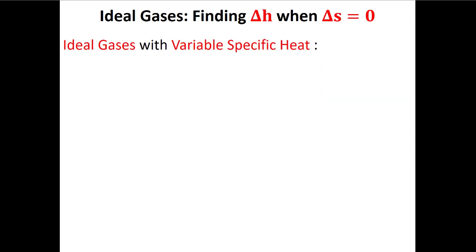So now, what do you do if you're dealing with an ideal gas that's an isentropic process with variable specific heats? Anytime you use variable specific heats, you can't use an equation that uses Cp, Cv, or k, which is Cp divided by Cv. So now we're going to have to use the tables.